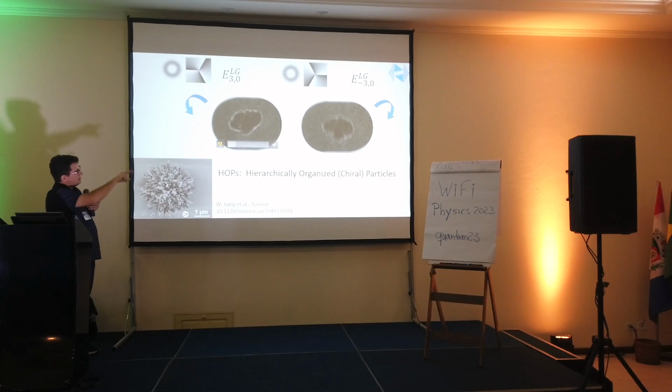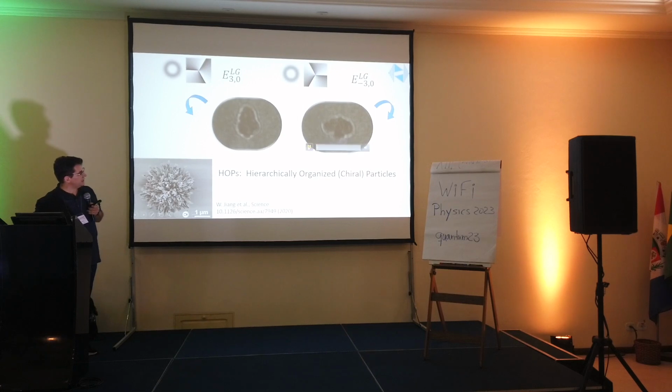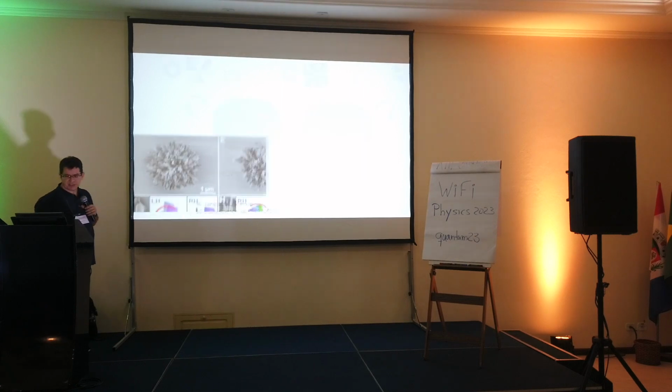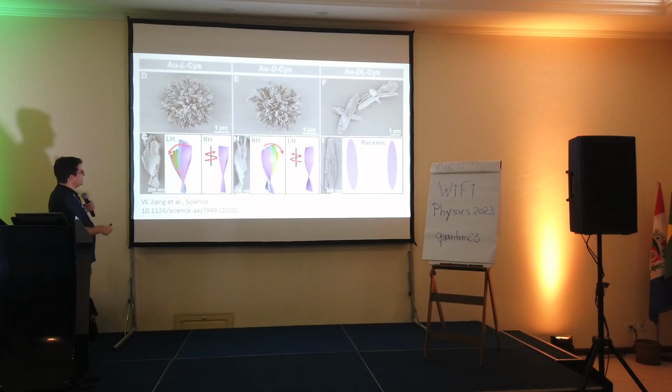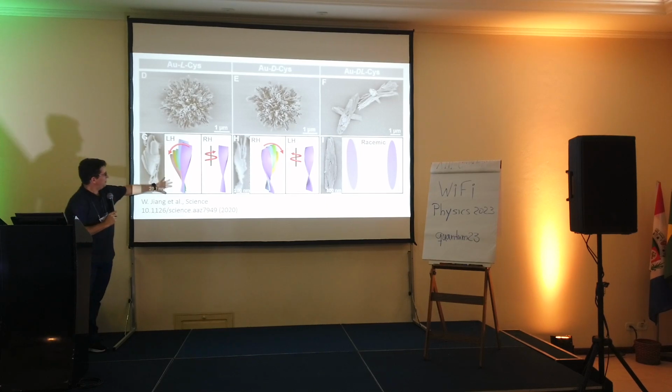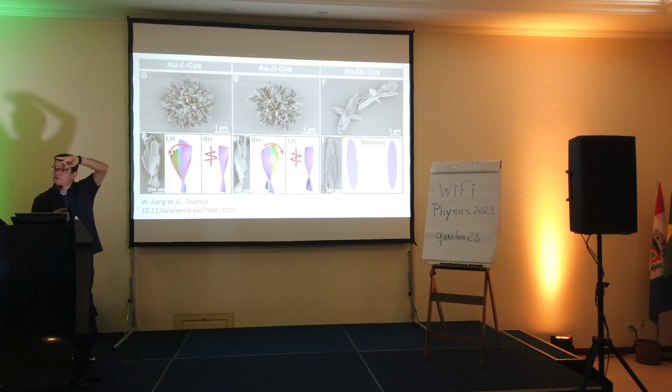Here it's spinning to the left, and the other one to the right, just because of the orbital momentum of light. This is the particle. It's an interesting one because it has some particular shapes, and it's a microscale object that's built out of very small foils that have some particular geometry.